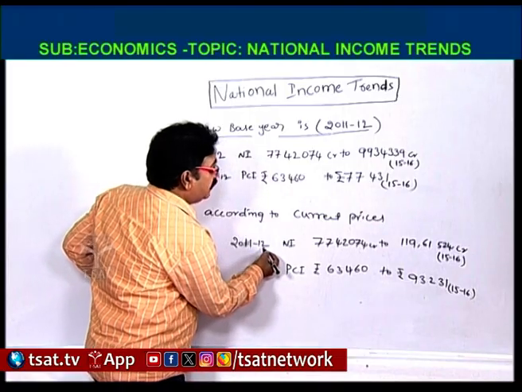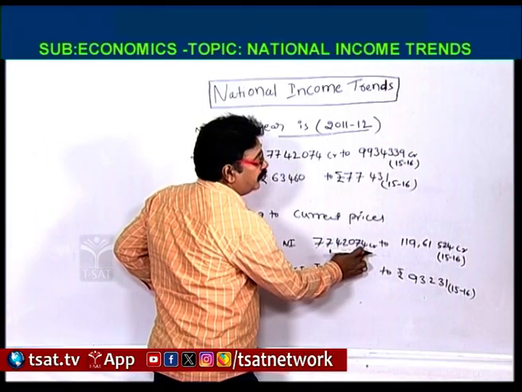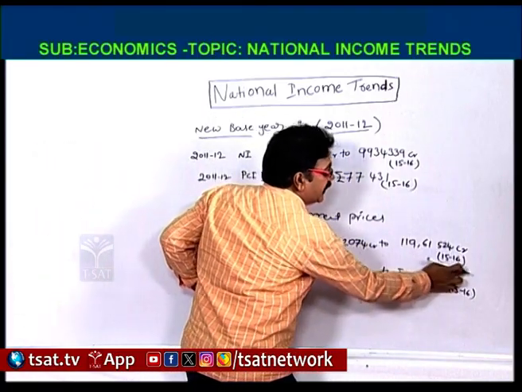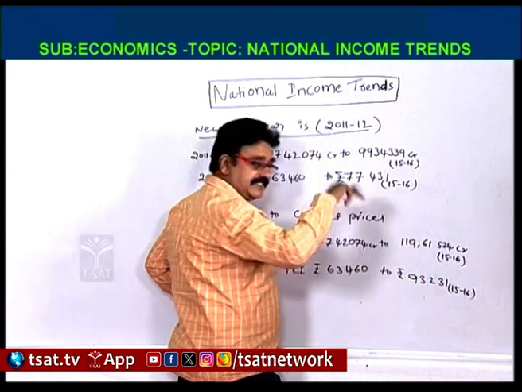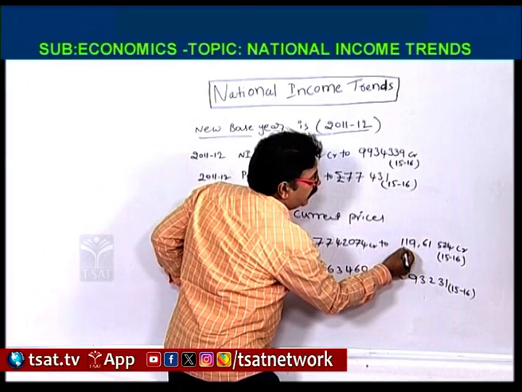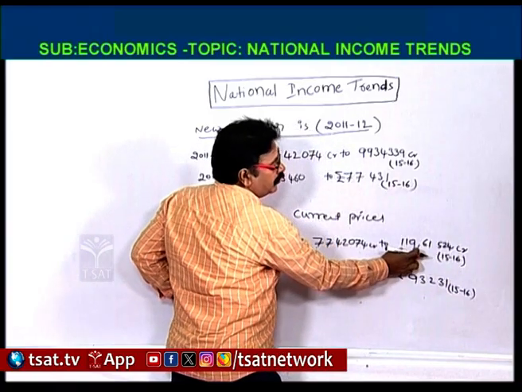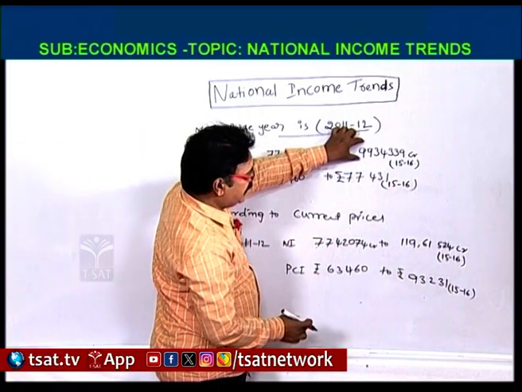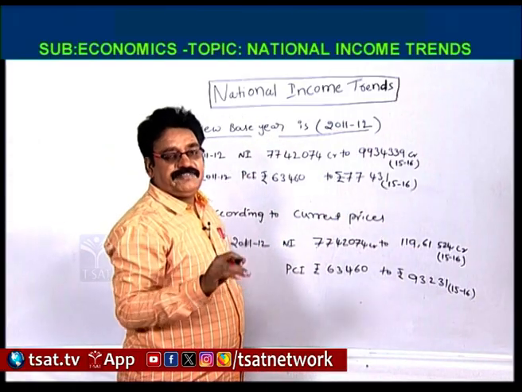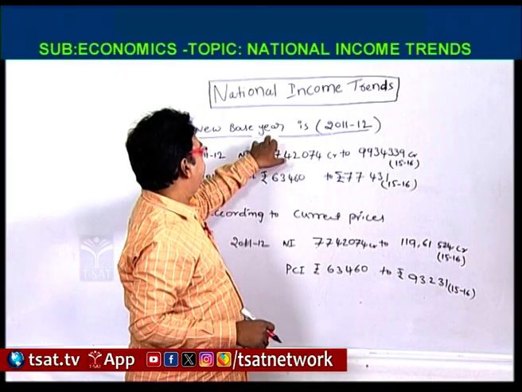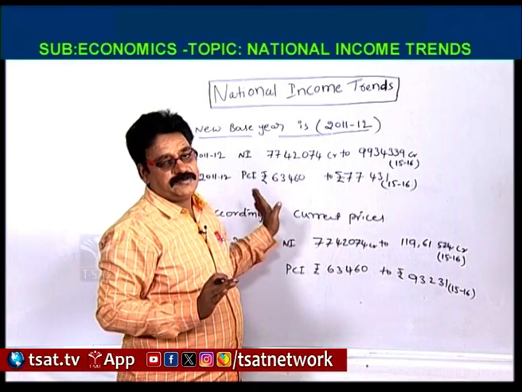The 2011-12 current prices give 77 lakhs 42,074 crores, and the 2015-16 current prices give 1 crore 19 lakhs 61,524 crores. The difference between 99 lakhs and 1 crore 19 lakhs is the monetary effect, which we remove with the help of the base year.